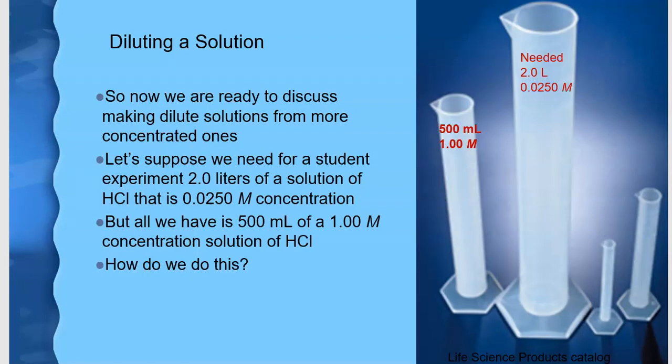So let's say for an experiment, we want 2 liters of hydrochloric acid that is 0.0250 molar. But all I have in the stock room right now is 500 milliliters of a 1.0 molar solution. So now we want to think about how can I do this?